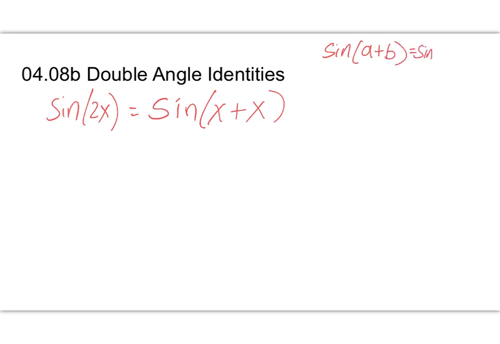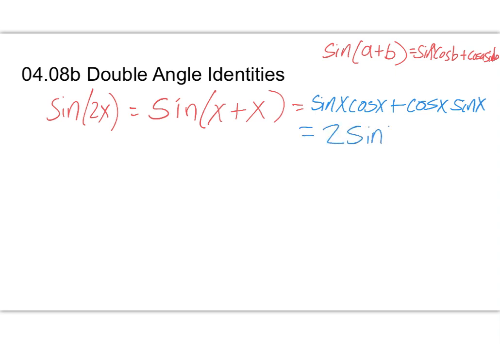That gives us sine a, I'm running out of space, so I'm sorry for this terrible writing, plus cosine a sine b. If those angles happen to be the same, as in this case, we end up getting sine x cosine of x plus cosine of x sine x, which you might notice happens to be the same exact thing. So we could write this as 2 sine x cosine of x.